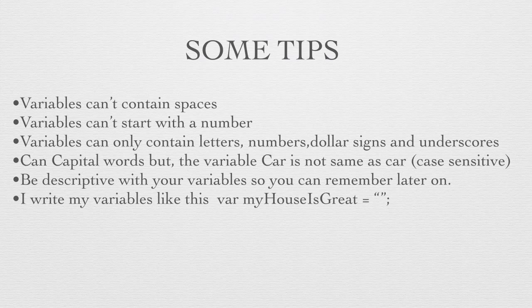And they can only contain letters, numbers, dollar signs, and underscores. So you can mix them. You can start a variable with, for example, numbers, then put some numbers, 1 2 3 4, a dollar sign and then an underscore, and that's fine. You can create a crazy variable like that. I don't know why you would do that, but you can.